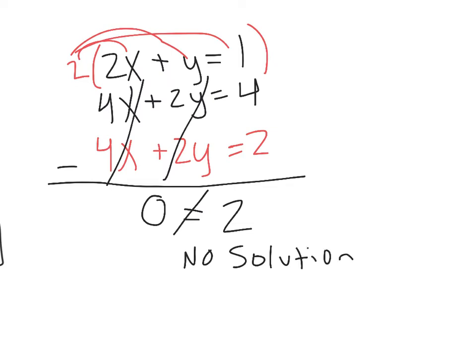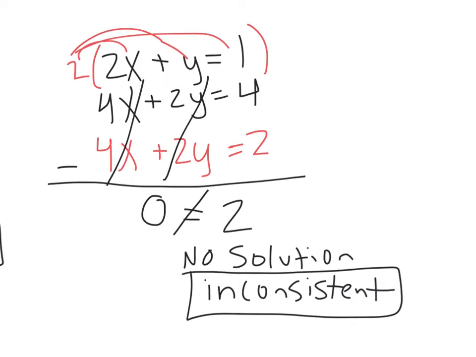The word we use for that, remember we said, is inconsistent. This is an inconsistent system of equations. Okay, so this is my answer, inconsistent.